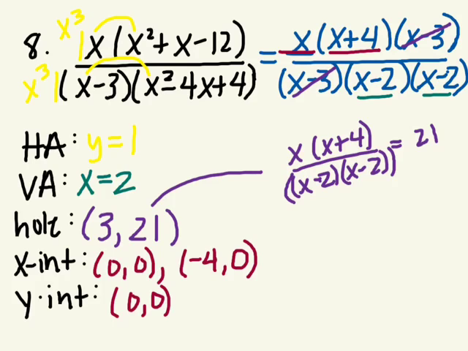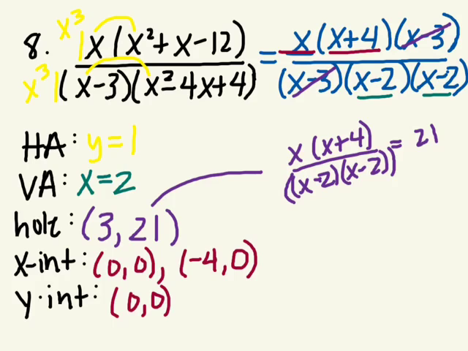Remember, our graph can cross a horizontal asymptote at a single point, because the horizontal asymptote is about what's going on way out at the infinities. It's about the end behavior of the graph. So this graph does cross the horizontal asymptote between x equals 0 and x equals 1, and that's okay. We haven't done anything wrong.